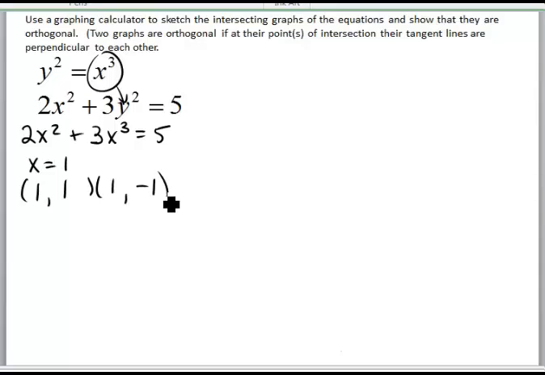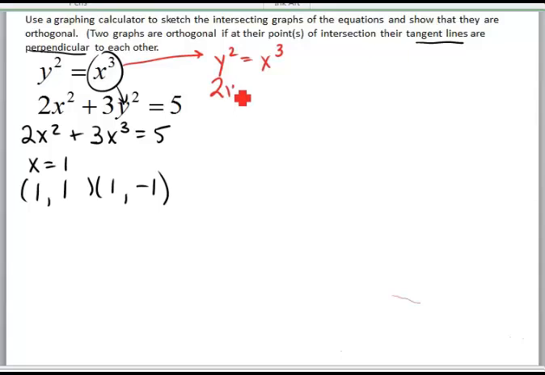What we want to do is, at those points, see if the tangent lines are perpendicular to each other. So we're going to see if the slopes of the tangent lines are negative reciprocals. I'm going to take the first curve, y squared equals x cubed, and find, in general, the derivative, meaning the slope of the tangent line, which could be used to find it at any point.